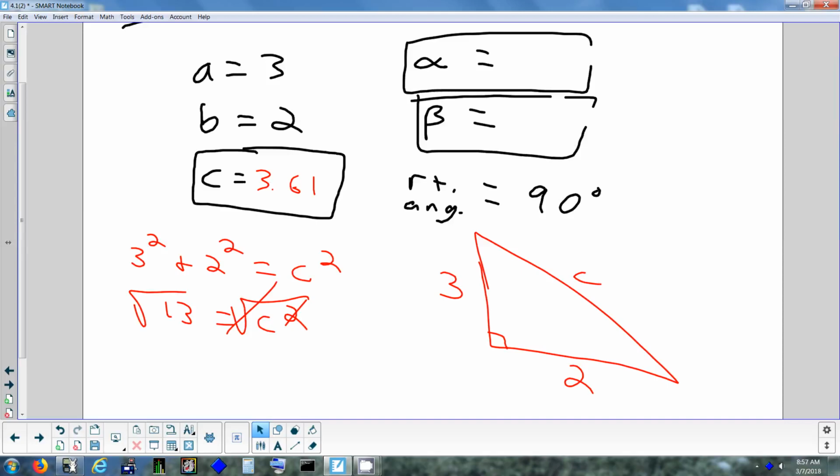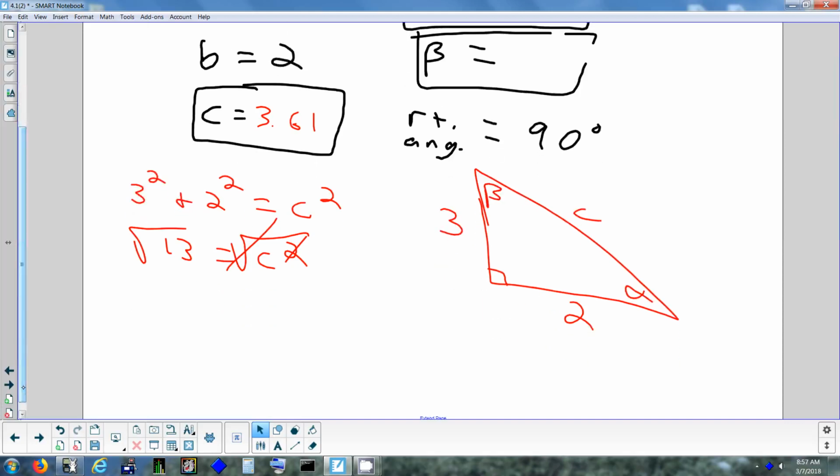Alpha. Alpha, A. Okay, it starts with the same letter. Alpha, beta. Now, it doesn't matter which one we find first. So, Tanner, do you want to find alpha or beta? Alpha. Okay, so we can find alpha first.